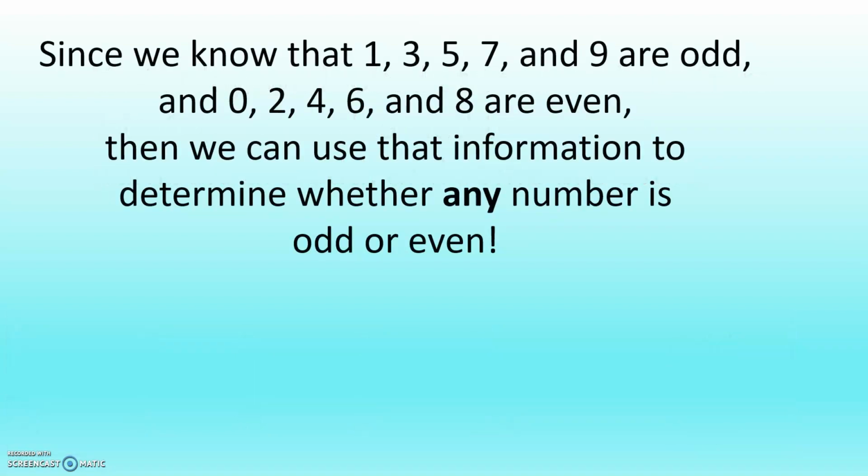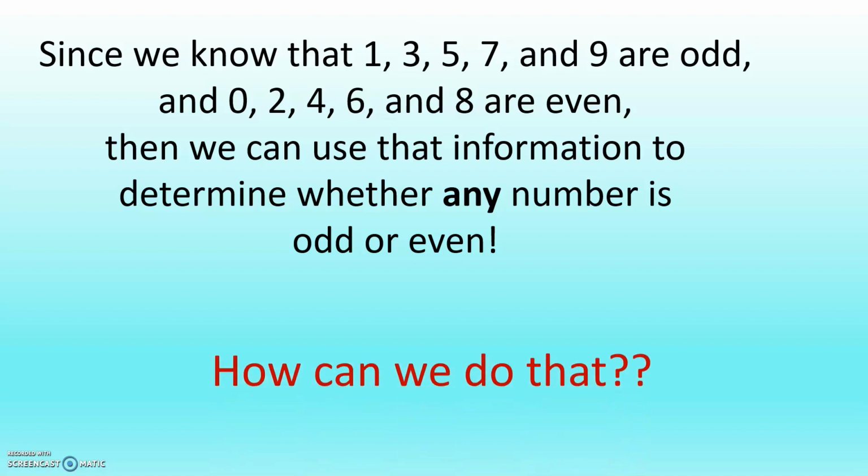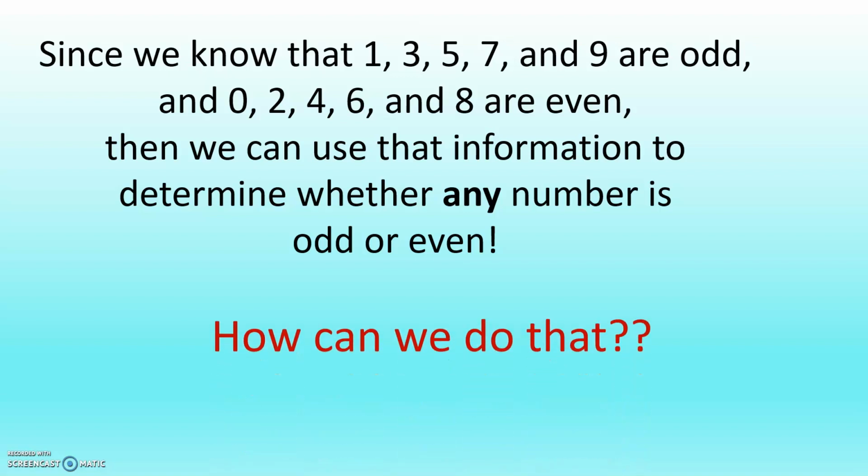So we know that 1, 3, 5, 7, and 9 are odd, and 0, 2, 4, 6, and 8 are even. If we know that, we can use that information to determine whether any number is odd or even, no matter the size. But how in the world are we going to do that?